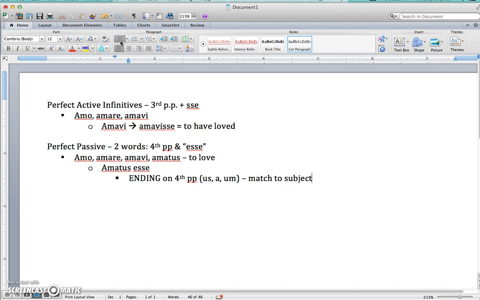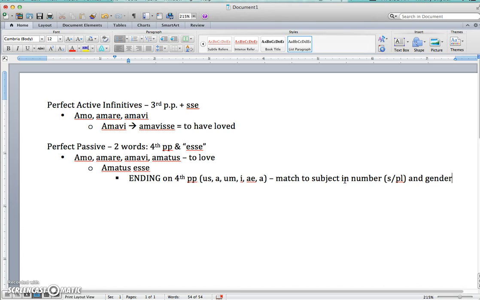We need the plurals: i, ae, or a. Okay, so you have 6 choices. Match to the subject in number, which is singular or plural, and gender. So us is masculine singular, a is feminine singular, um is neuter singular, and then the plurals.